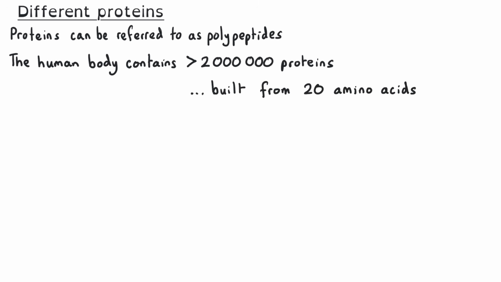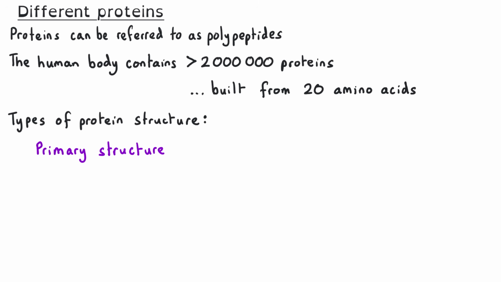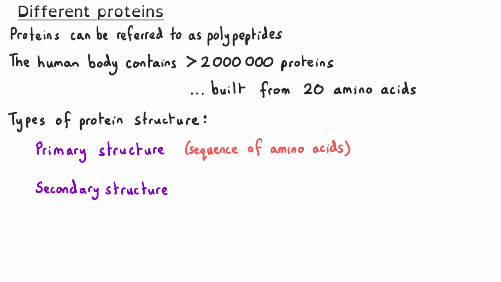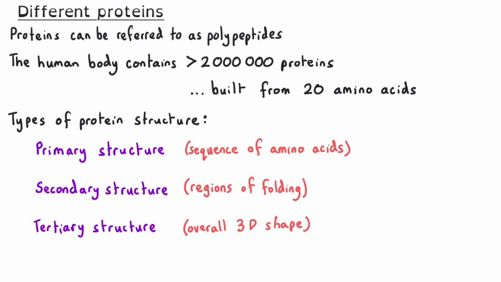This huge variety of proteins arises from such a small number of building blocks because of the different types of structure proteins have. And these are referred to as the primary structure of a protein, which is the sequence of amino acids it contains, the secondary structure, and this comes from localized regions of folding within the protein, and the tertiary structure, which is the overall three-dimensional shape.